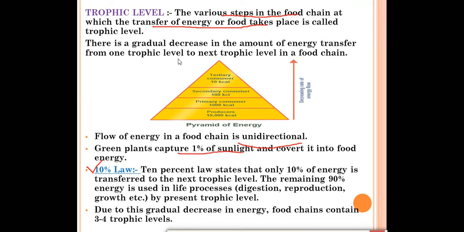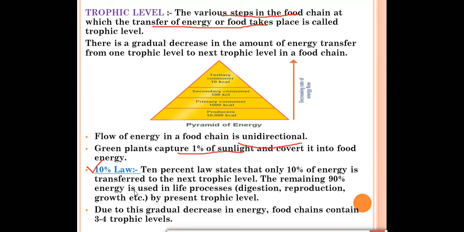Then what will happen to the remaining 90% of the energy? The remaining 90% of the energy will be used in life processes, meaning various activities carried out by the living organism. Like that, 90% of energy will be used in digestion, reproduction, growth, etc. Okay, so what is the 10% law?